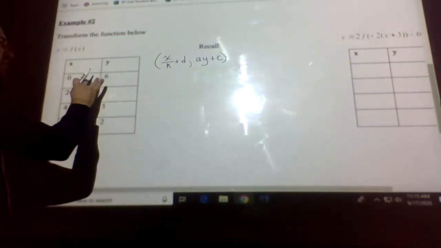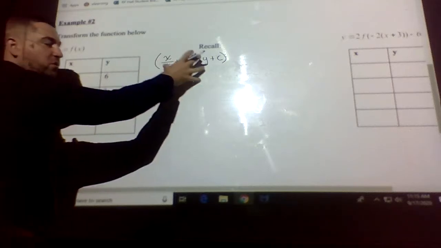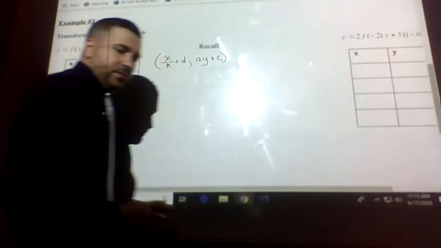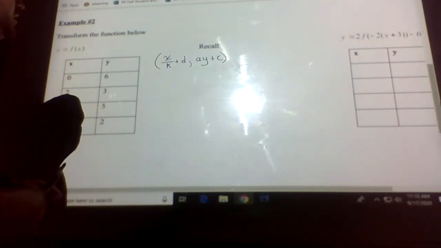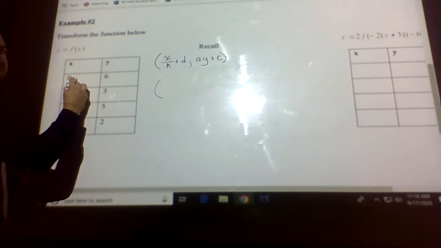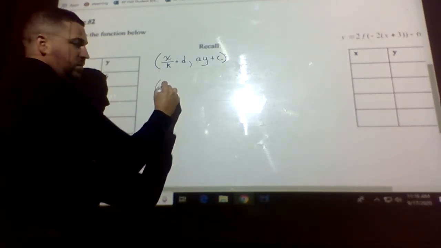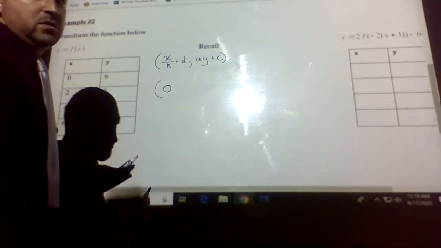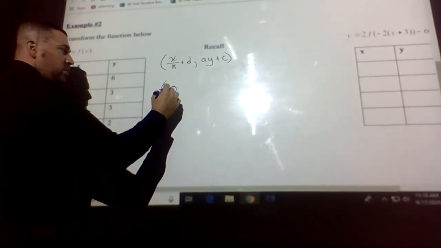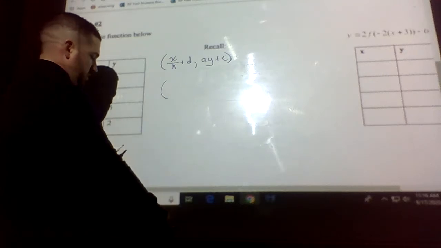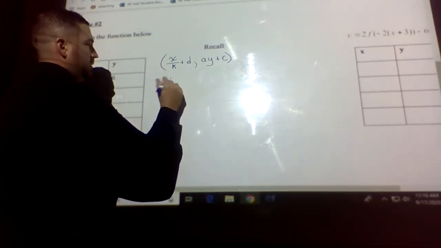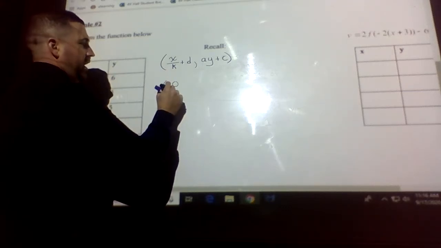So we're going to plug these coordinates into the formula with the transformations to get our new coordinates. Our first x is here at 0. So we have 0 divided by our k value.